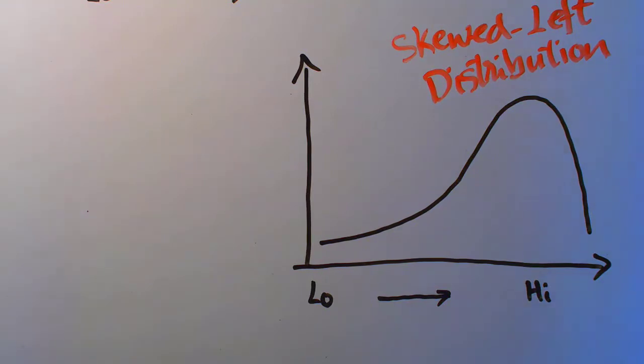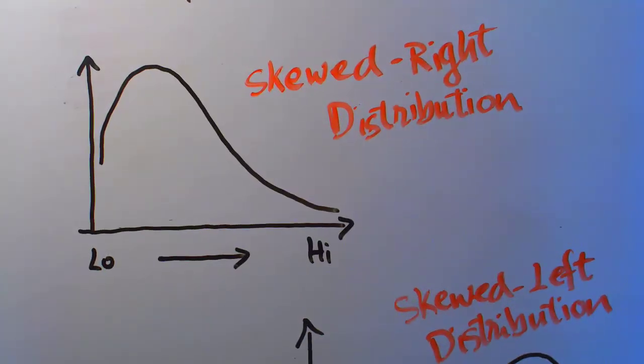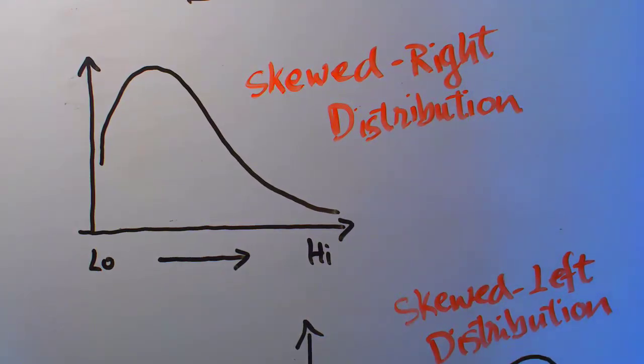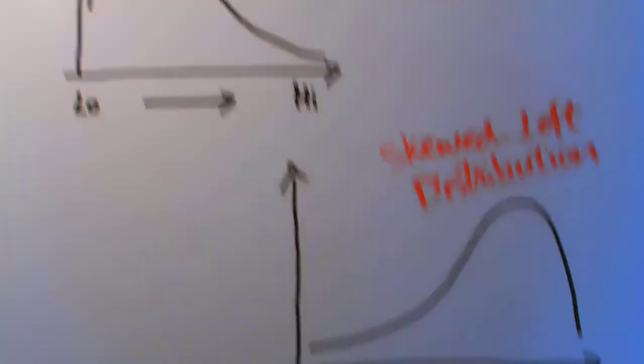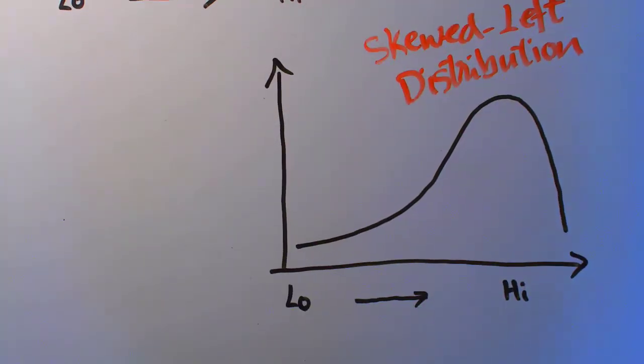Okay, let's briefly look over skewed left. I started out showing you a skewed right distribution, which is similar to the histogram in our example for data 1. Then just now I showed you that sometimes a skewed left might happen.